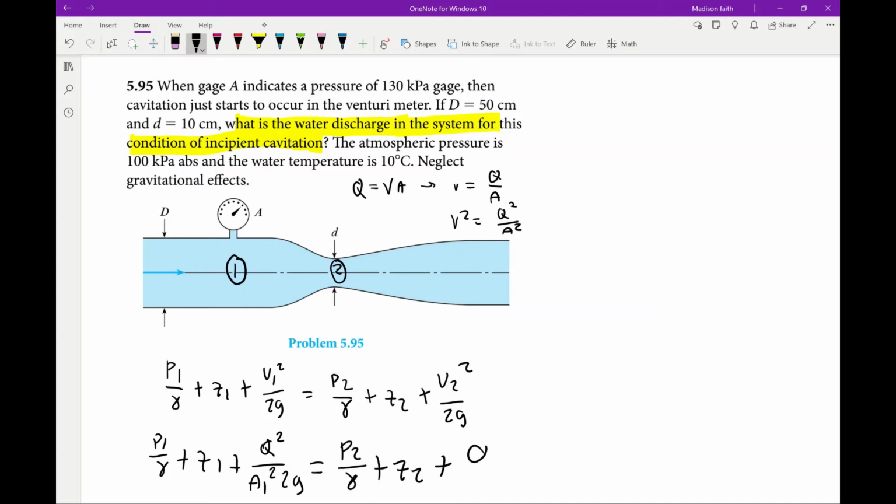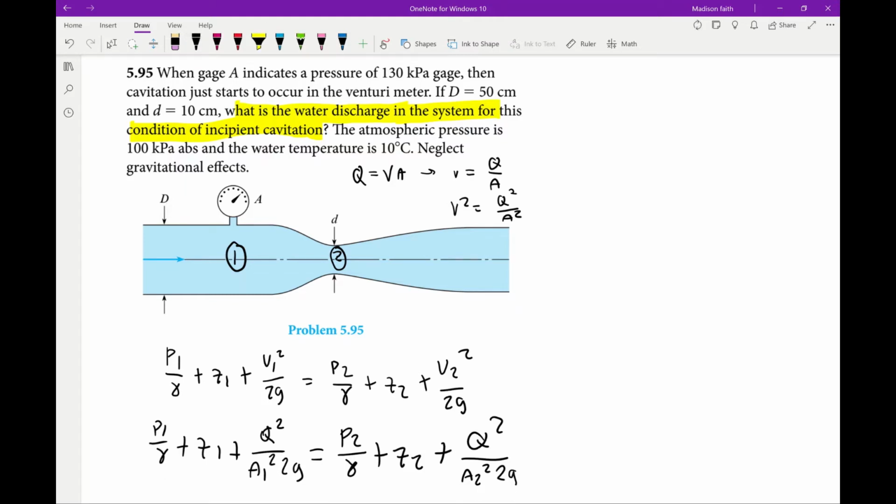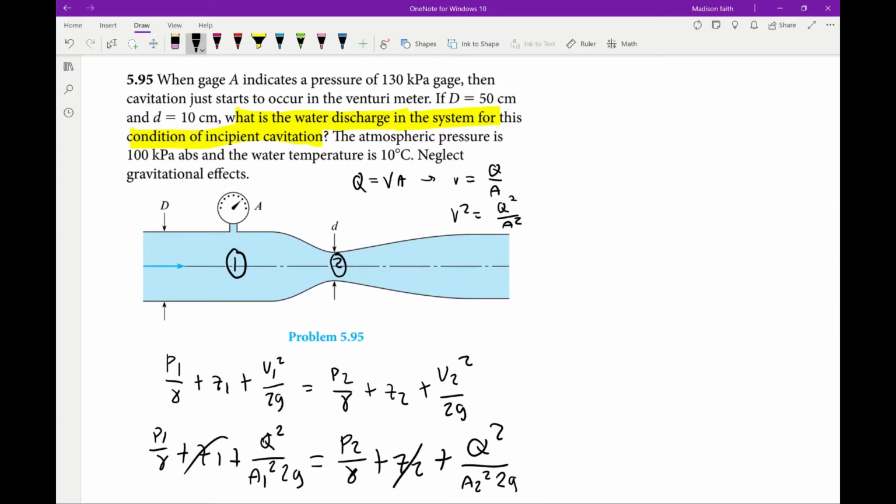Q again is going to be the same for both sides because it's constant. The areas are going to be different because the diameters are different, over 2g. And if we're smart with this, we'll put our points along this line, meaning the elevation of our points will be the same. So Z1 and Z2 are the same, so they cancel out.